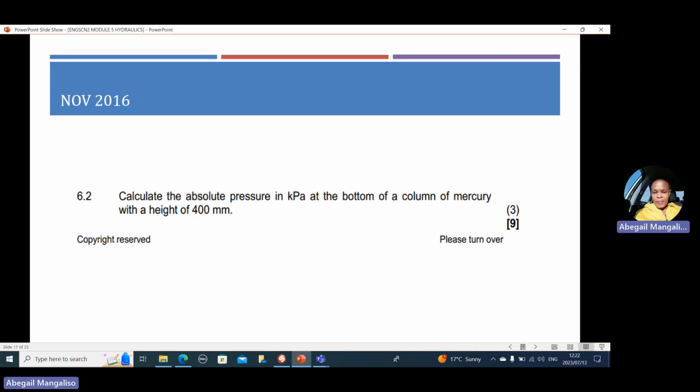The height of this liquid is 400 millimeters. And it says the type of liquid is mercury. So we must first calculate the gauge pressure.